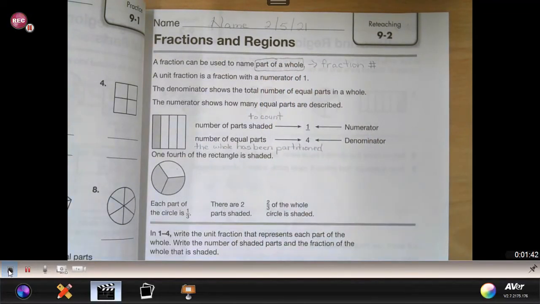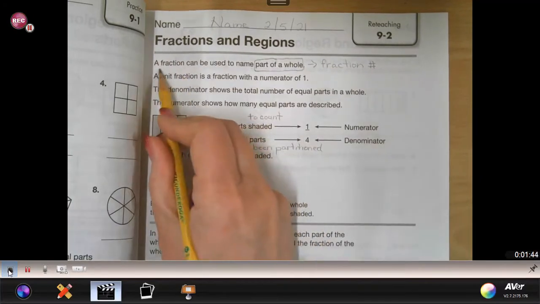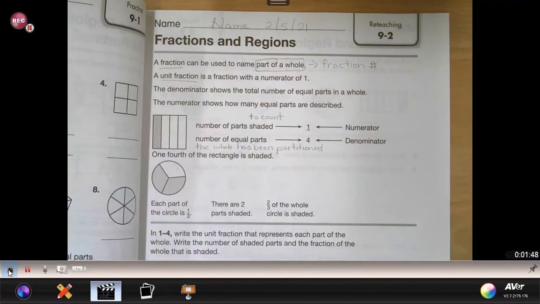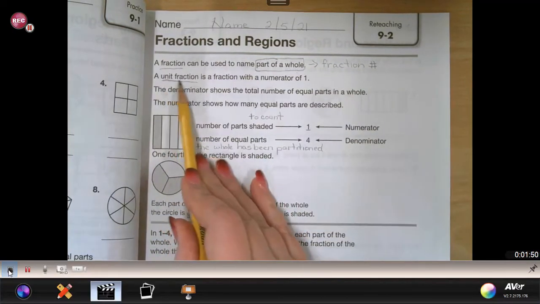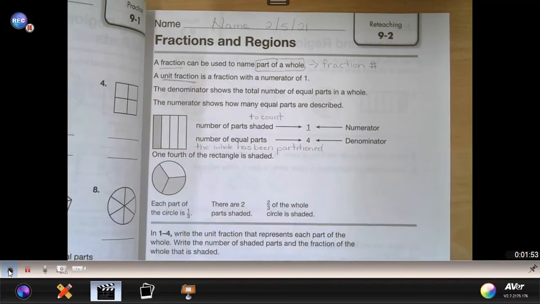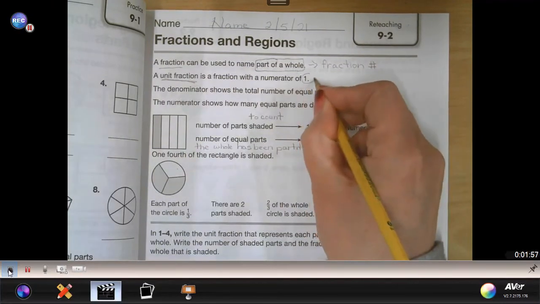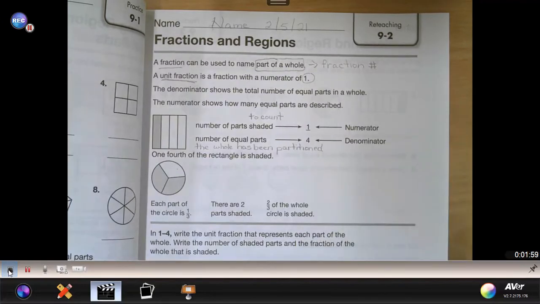Now, let's take a look at the next vocabulary word. Our next vocabulary word is unit fraction. So please take your time to underline the words unit fraction. Unit means one. So we're going to be talking about one of those pieces or one of the parts of the whole.